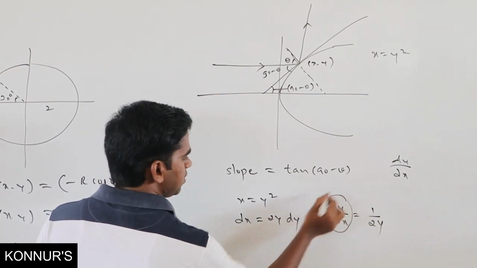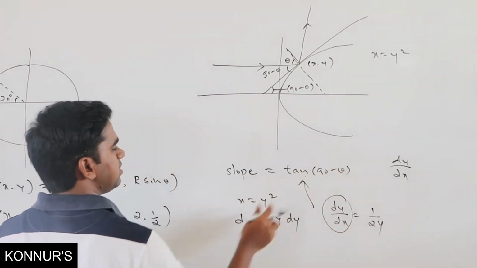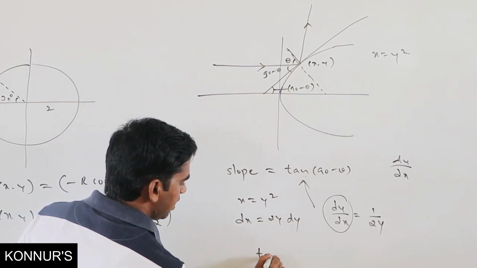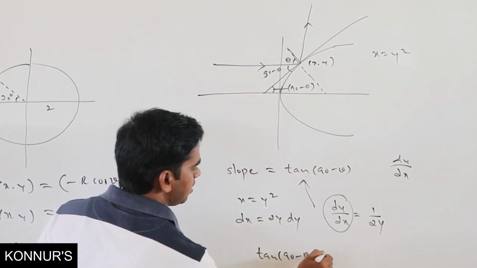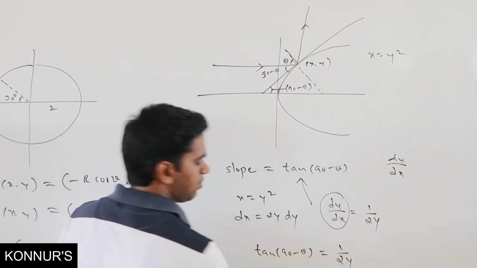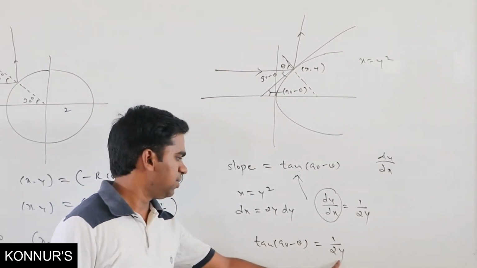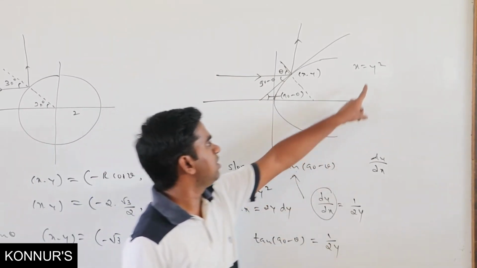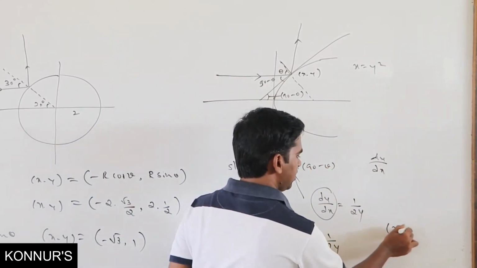This is the slope. You already know slope is tan 90 minus theta, and theta is given. So tan 90 minus theta equals 1 divided by 2y. From here you can get the value of y, then substitute that y value in x. So you can easily get x comma y.